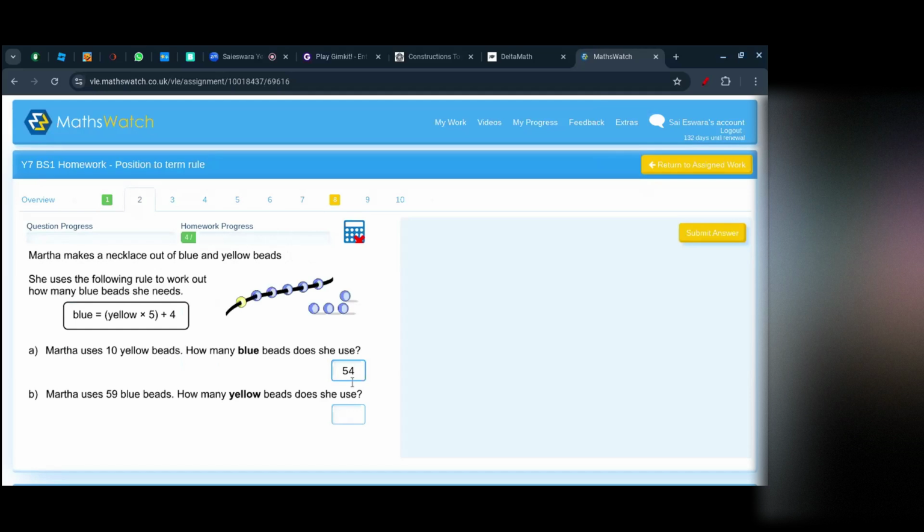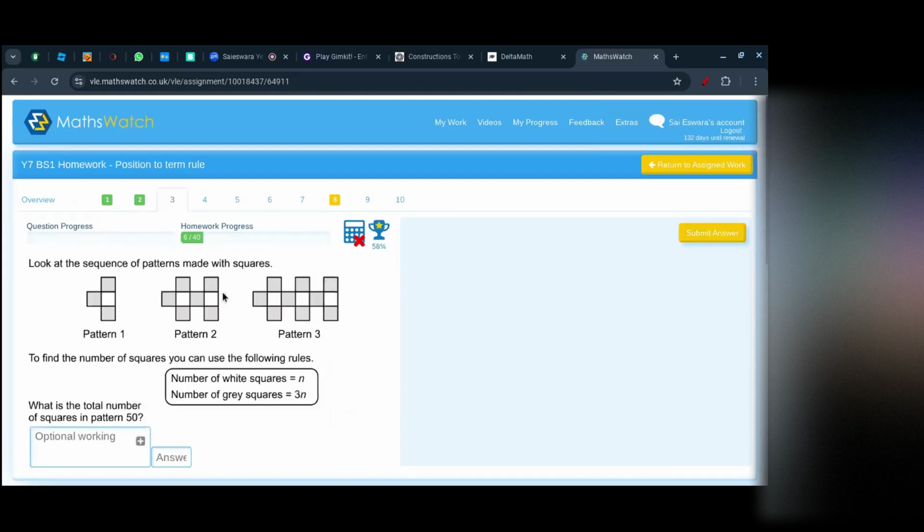Perfect. Very good. How many yellow does she use if 59 blue beads are there? How will we solve this? It's 11. Let's try, because the closest number was 55. It becomes a linear equation.